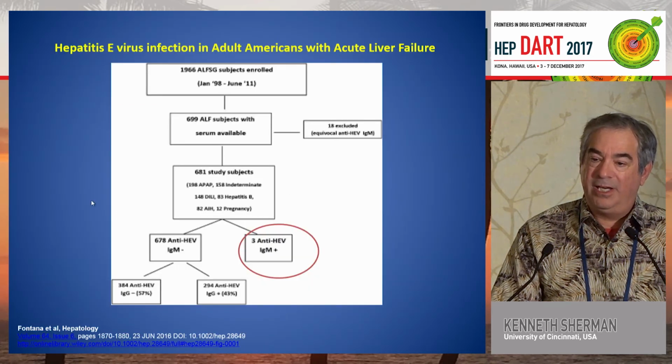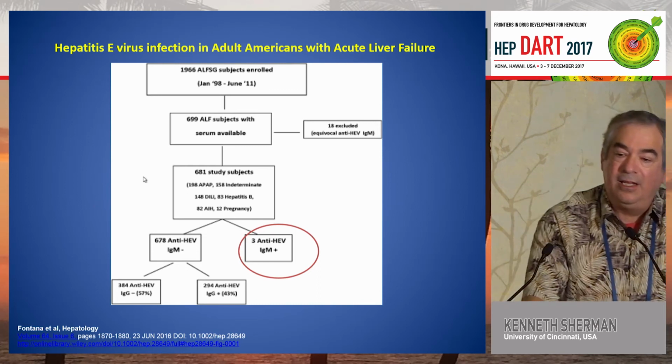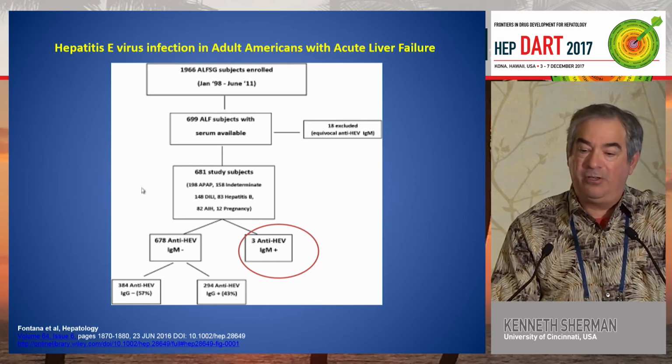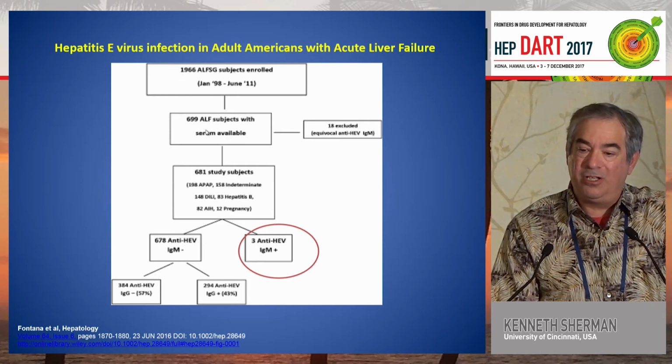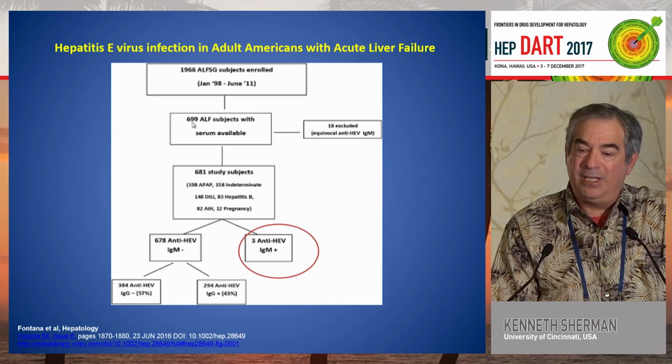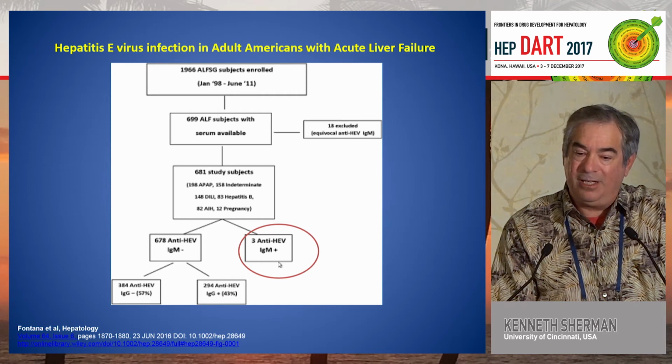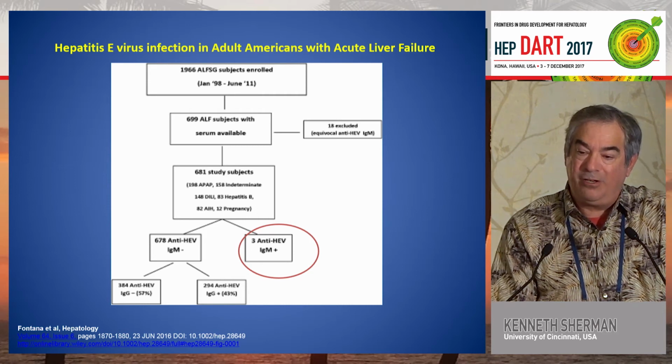And in the US, in the acute liver failure study group, report starting with a large number of patients, followed down for further evaluation for HEV. 3 positives confirmed, and they concluded that this was not an important factor in acute liver failure.